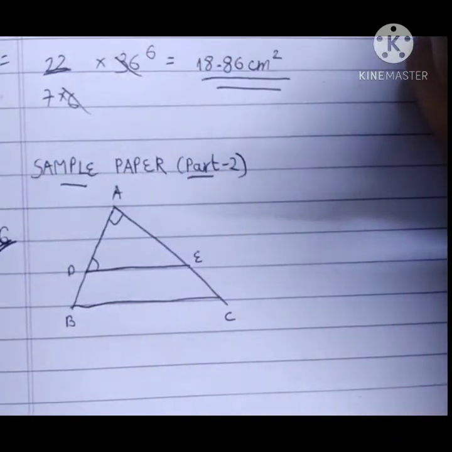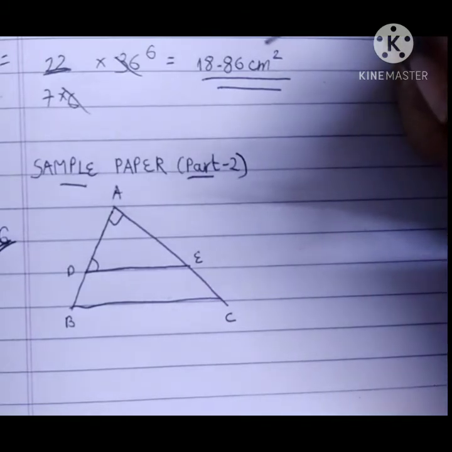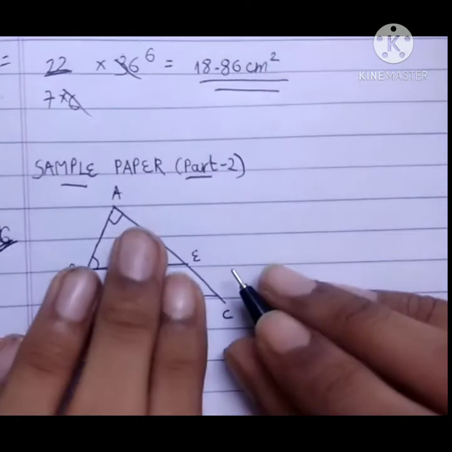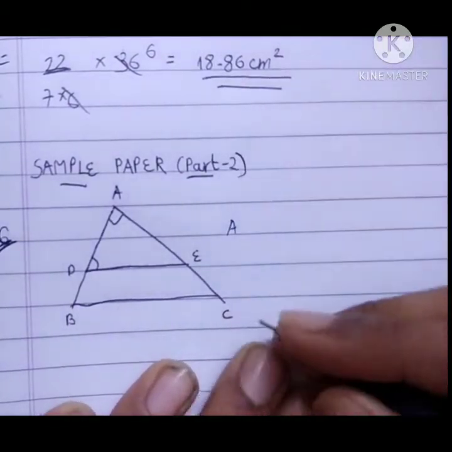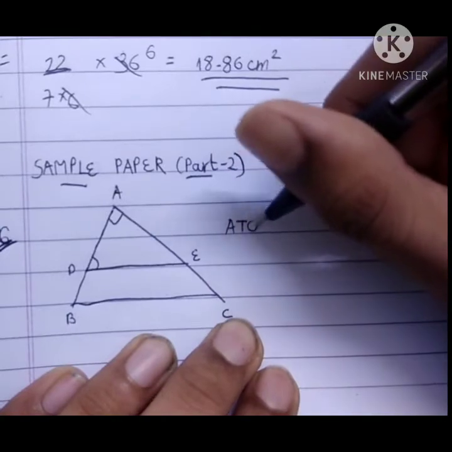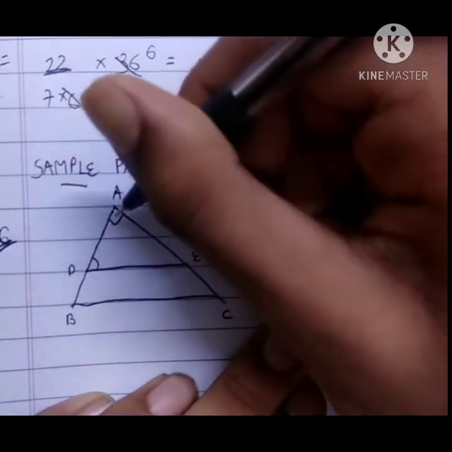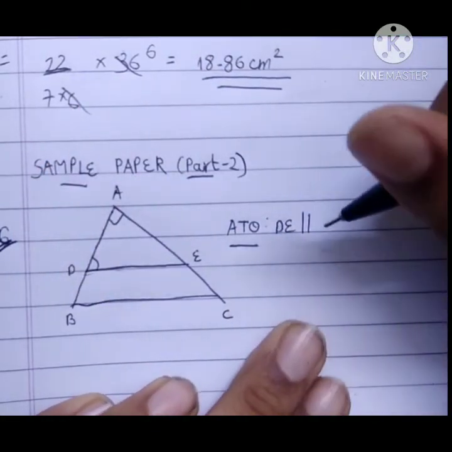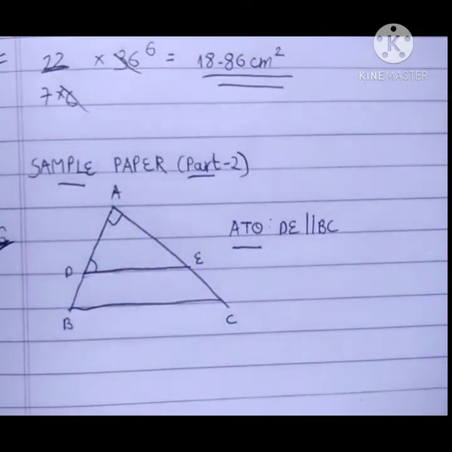So it says, in the given figure, DE is parallel to BC. Angle ADE is equal to 70 degrees. Angle BAC is equal to 50 degrees. Then what is angle BCA? First read the whole question, then we will start solving. I am also showing you how to represent your paper. According to the question, DE is parallel to BC, which means they will never meet.